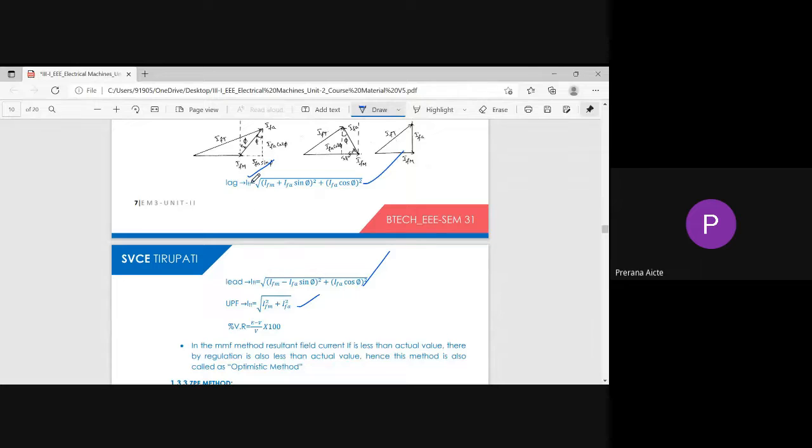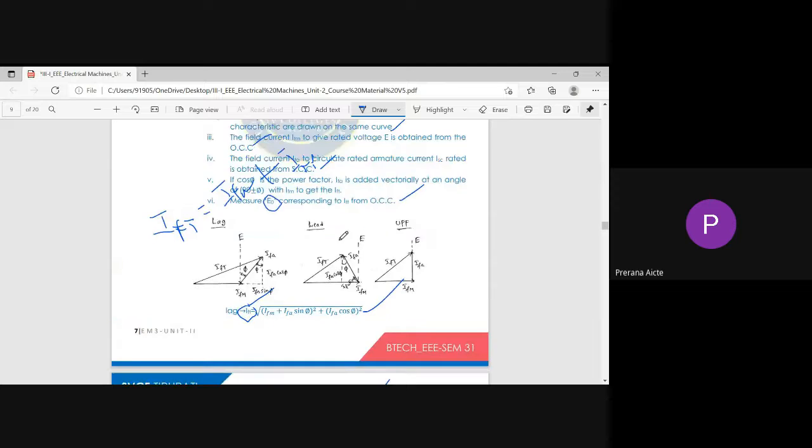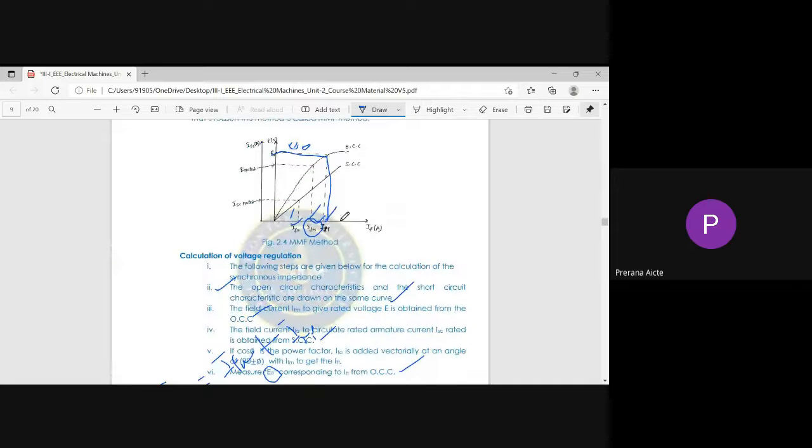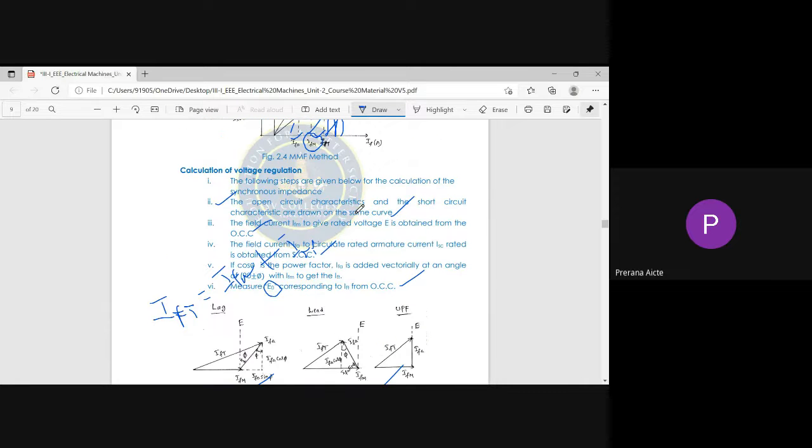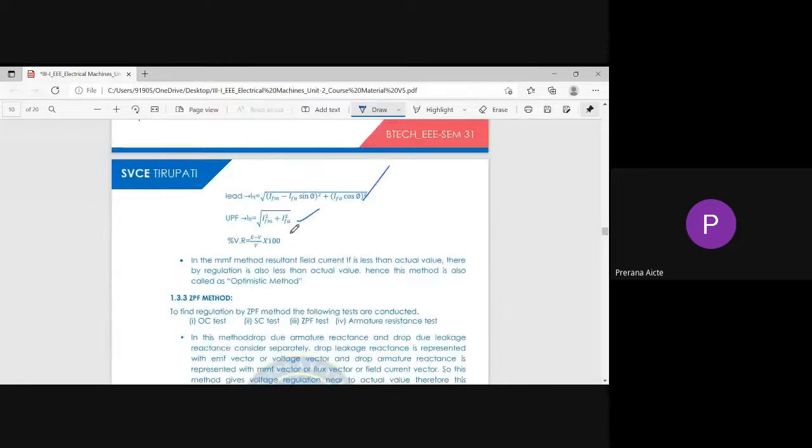Once we find this value by using this parallelogram, that value is projected from the x-axis to the OCC curve. That is again redrawn to the EOC line, and that value gives the no load voltage. From that we simply evaluate the voltage regulation of the alternator by using the MMF method.